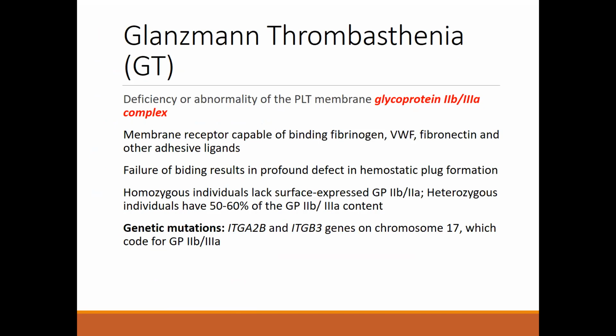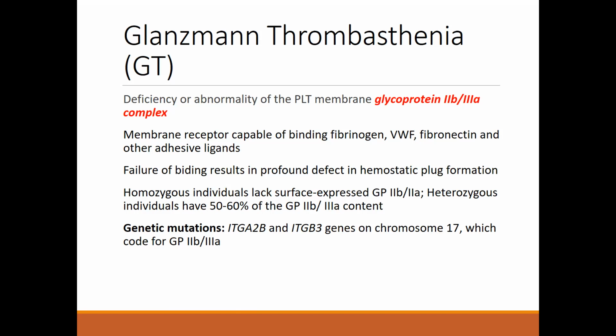So what's occurring is that there is a deficiency or an abnormality of the platelet membrane glycoprotein 2B3A. So it's the whole complex that is missing. It gets a little bit more difficult than this. There's more to it because this complex has subunits, but we don't really need to go into that. We just really need to understand the general information about this condition.